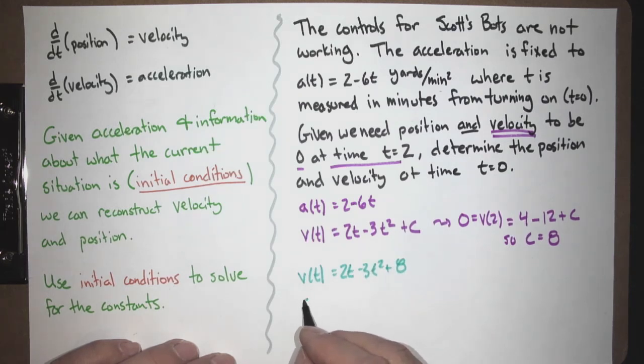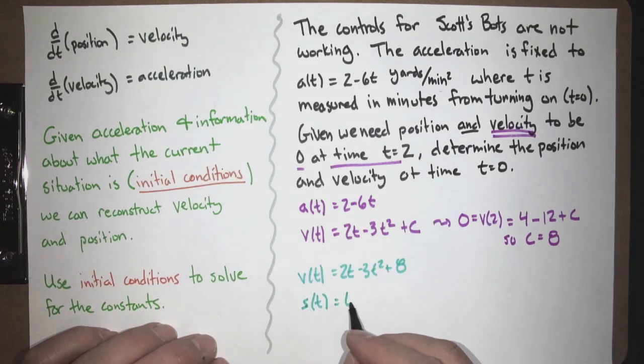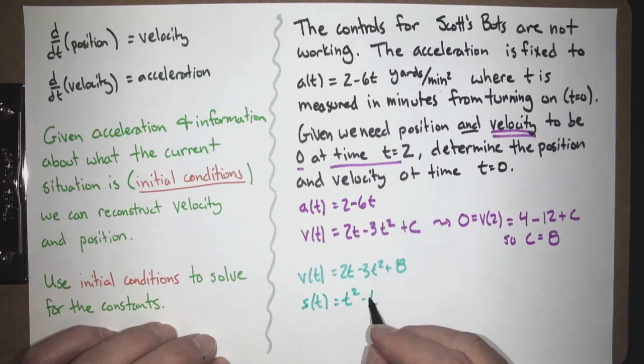Now let's go to position. I think we use S for position. All right. Take antiderivatives. Antiderivative of 2t. T squared. Antiderivative of 3t squared. Well, it'll be t cubed. What's in front?